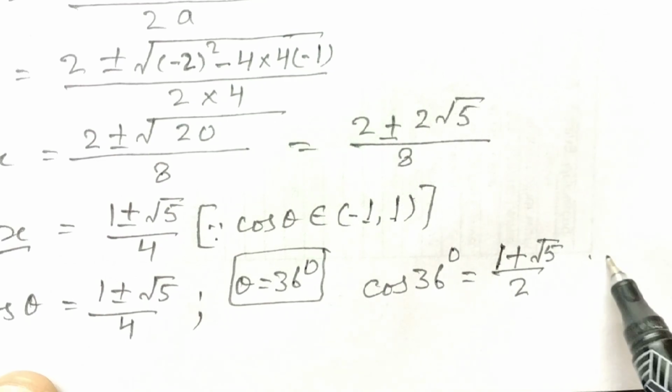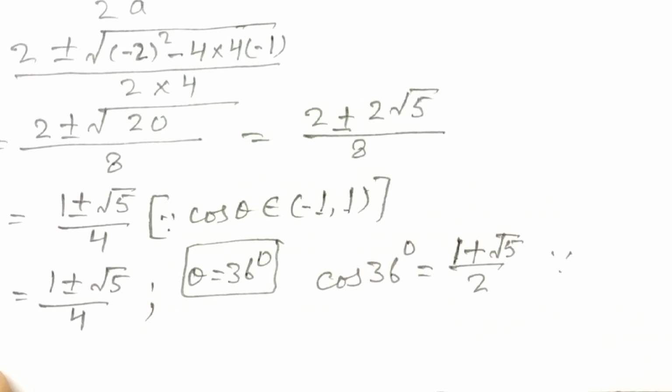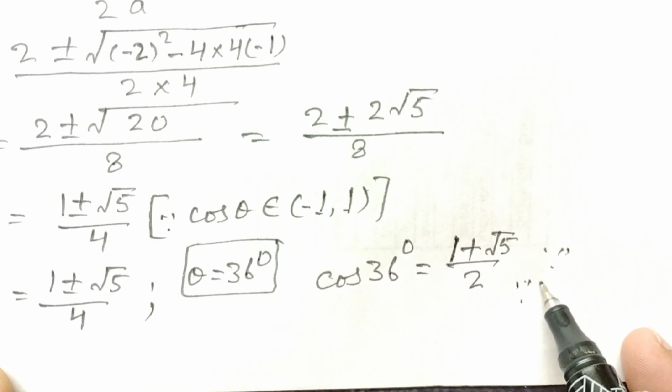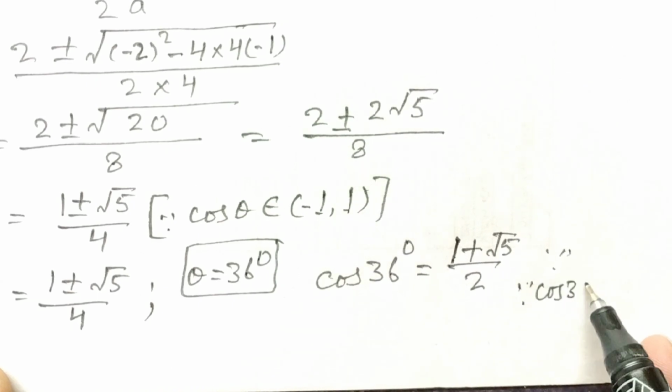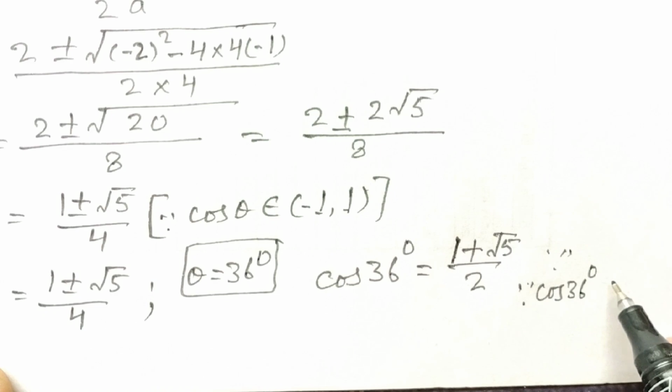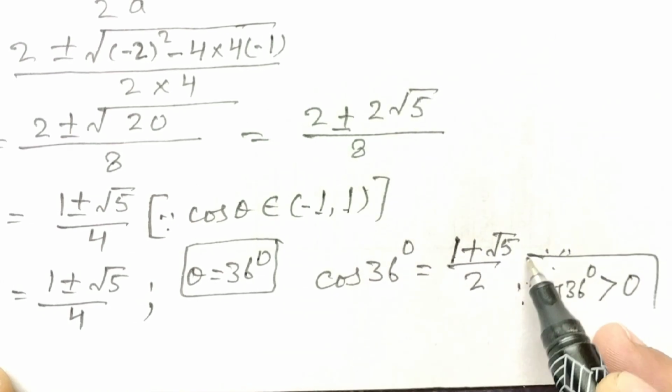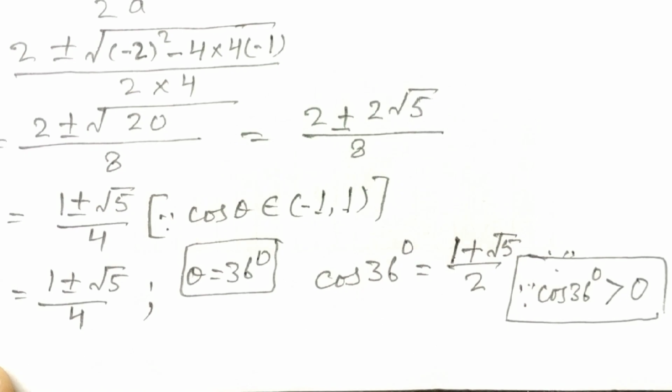Right. Because cos 36 degrees is greater than 0. Right.